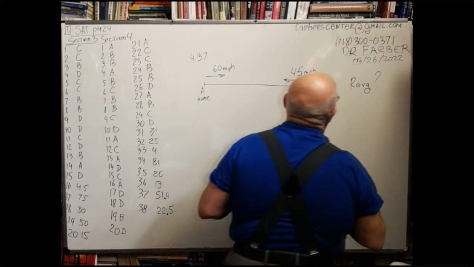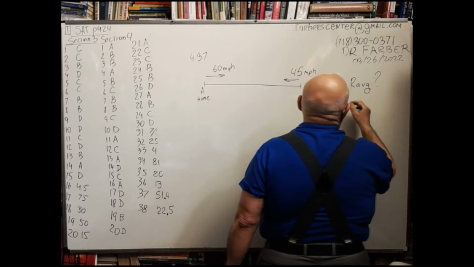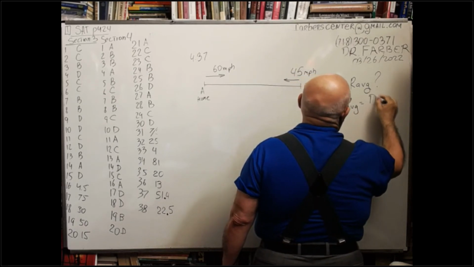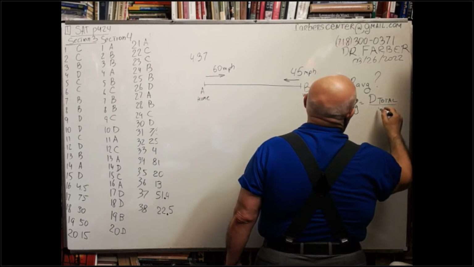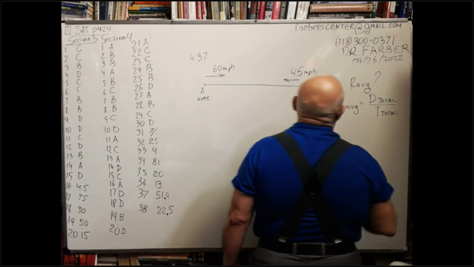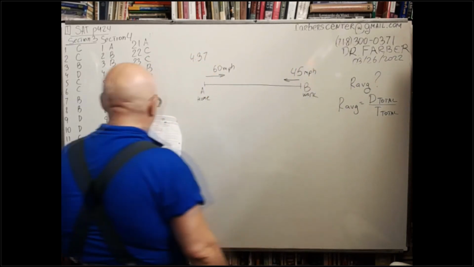Question mark. You know the rule of thumb for how to find R average in any test: R average equals total distance divided by total time, T total. Did they give the distance? No, they didn't give it to you.